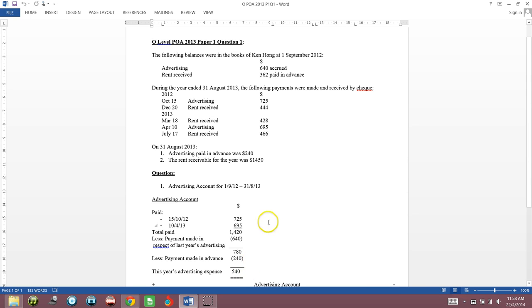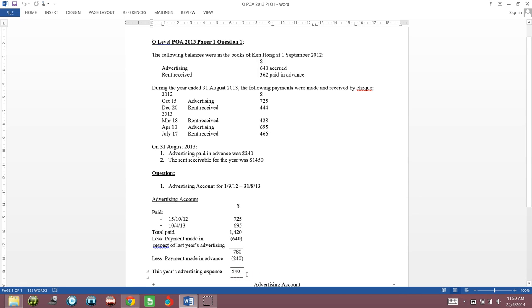So a businessman, an entrepreneur, probably a small business owner who doesn't have good accounting knowledge of debit and credit, or of the T account format, would probably work out their expense account this way in order to find out the actual expense, for example, advertising expense for this current year.